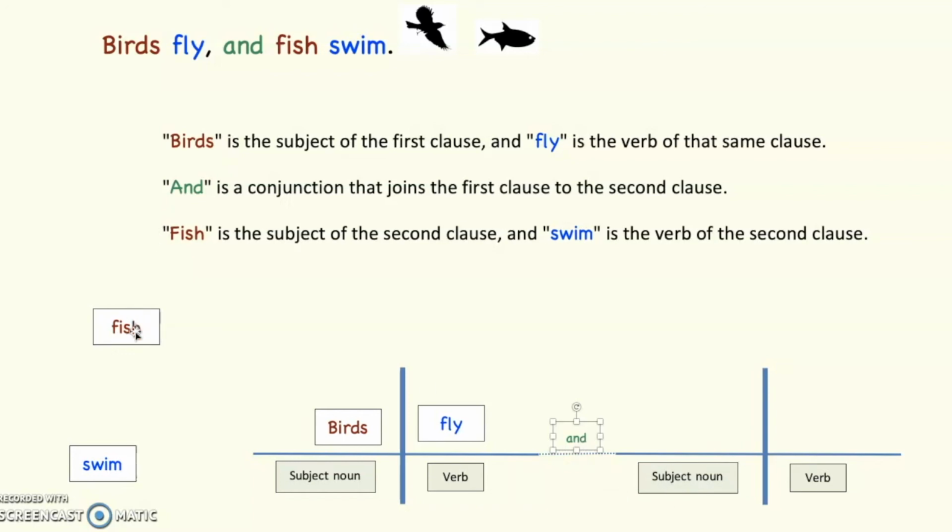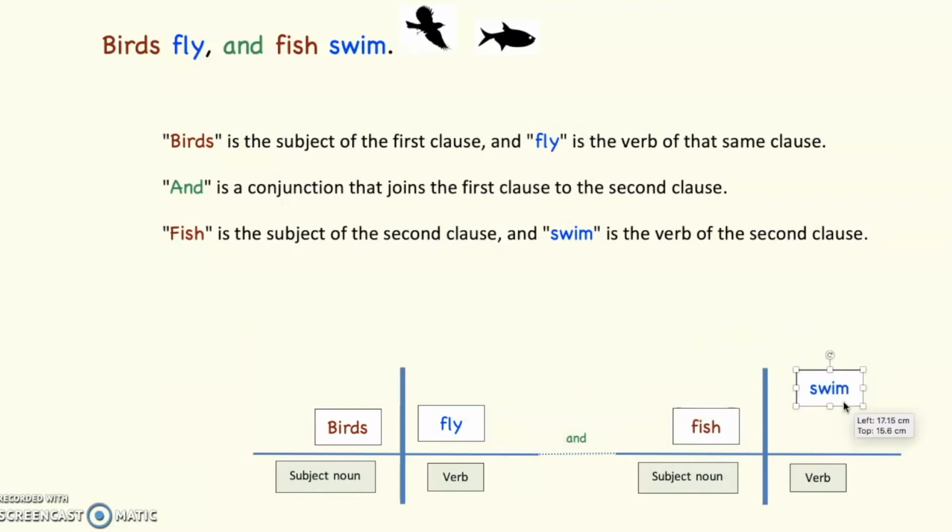Then we put the subject of the second clause here and the verb of that clause here. So you can see we have two dividing lines because we have two clauses. Therefore, we have a compound sentence.